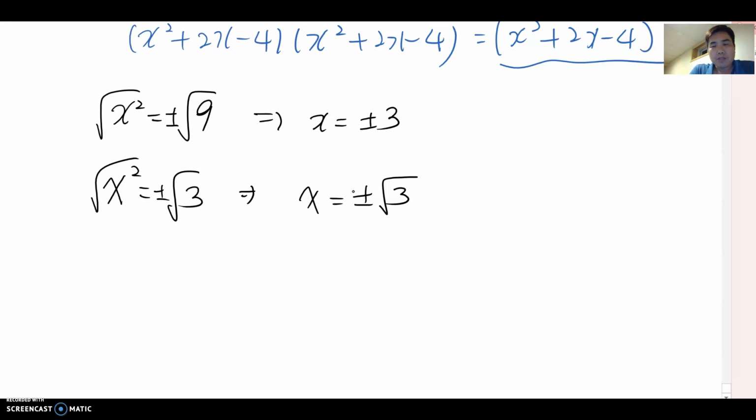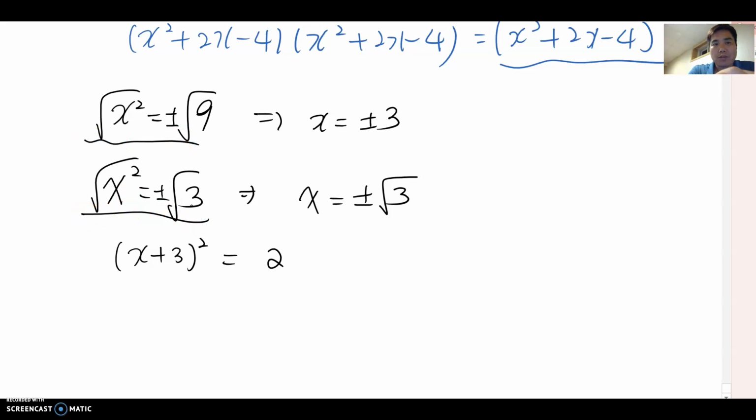Now let's look at a little more complicated completing square form, such as x plus 3 squared equal to 2. Because it is already completing square form, we can follow how we solve the basic format problem.